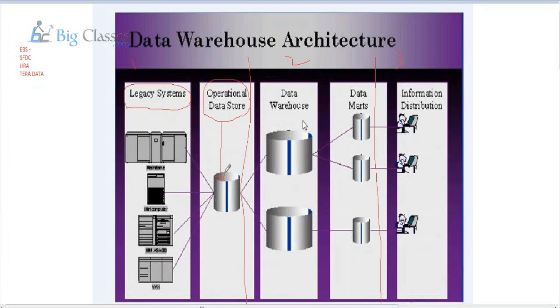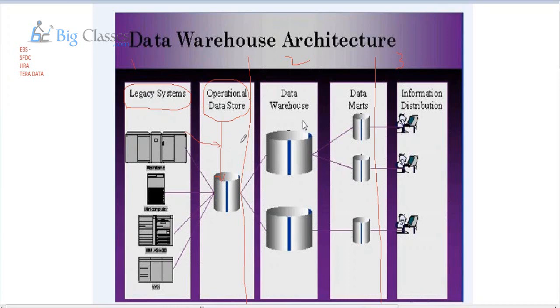From here, we won't do anything. It's not an ETL part, it's a source. There are some tools for syncing the data between source and operational data source. By using those tools, we will sync, but we won't use any ETL things.